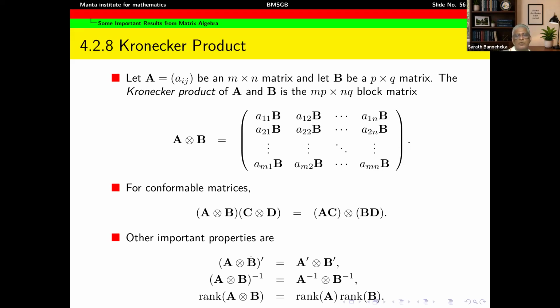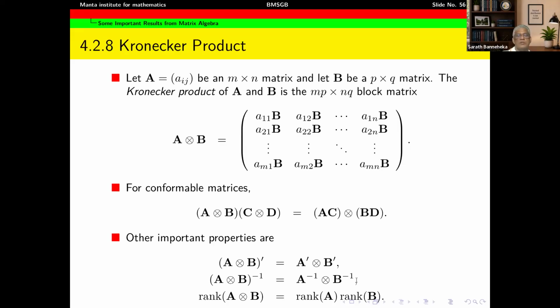And some other important results are here. A Kronecker product B transpose is equal to A transpose Kronecker product B transpose. That is very similar to the usual matrix product, for which we also have this result. And then A Kronecker product B inverse is equal to A inverse Kronecker product B inverse.